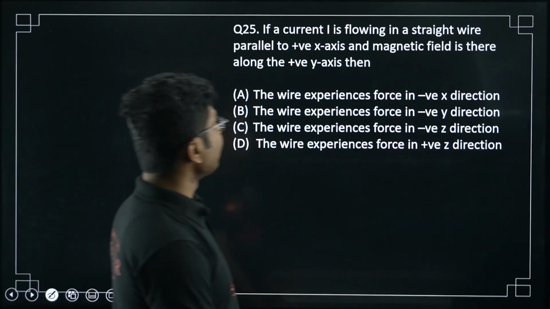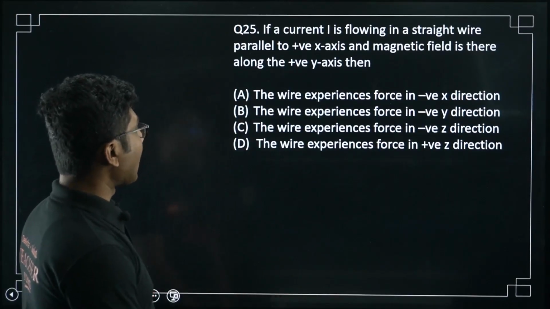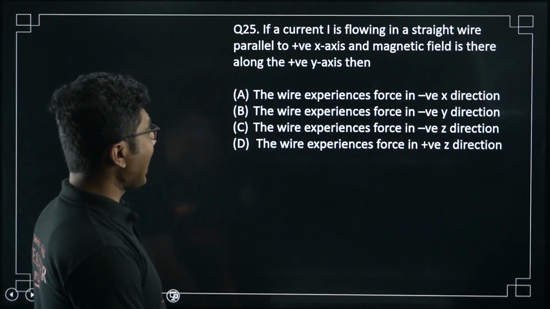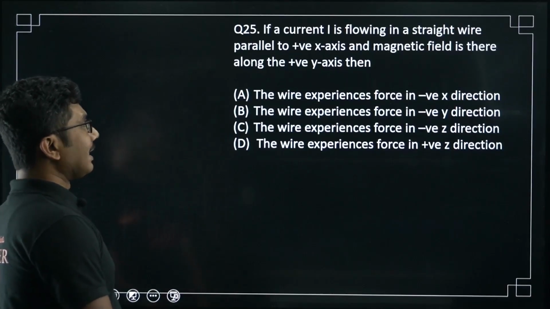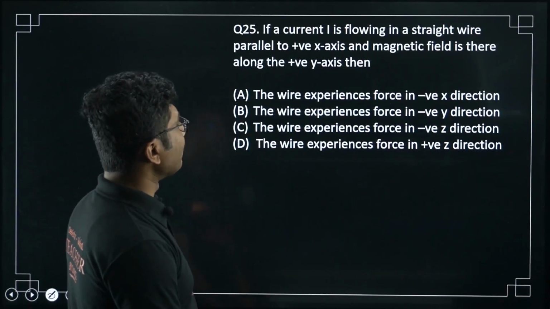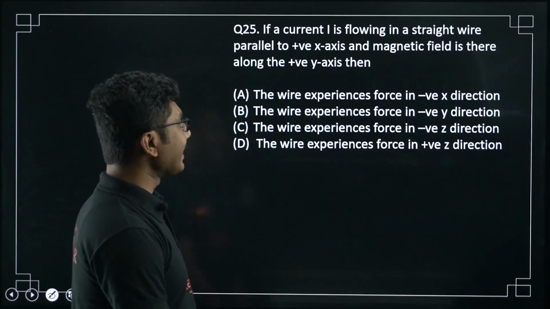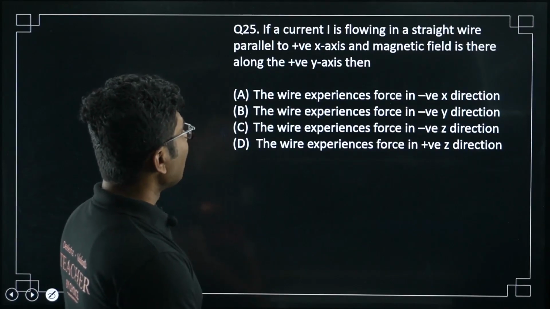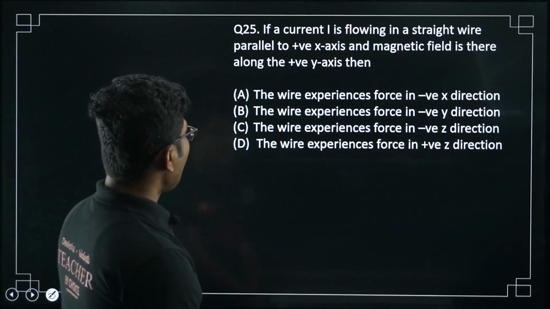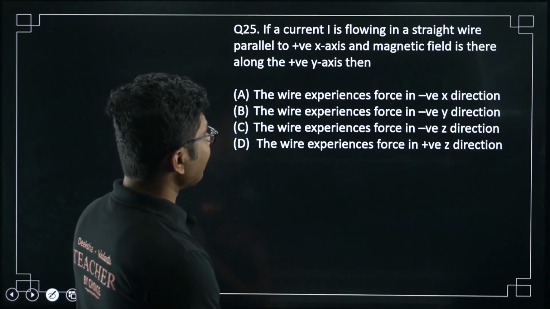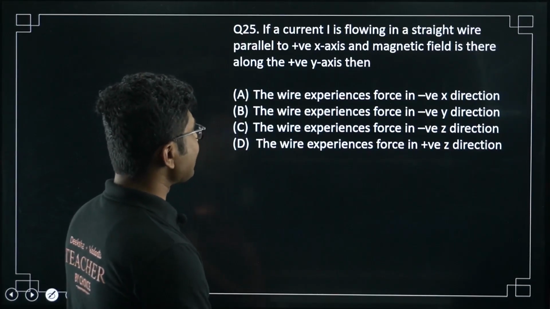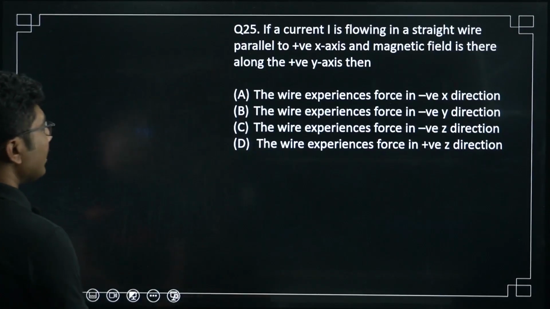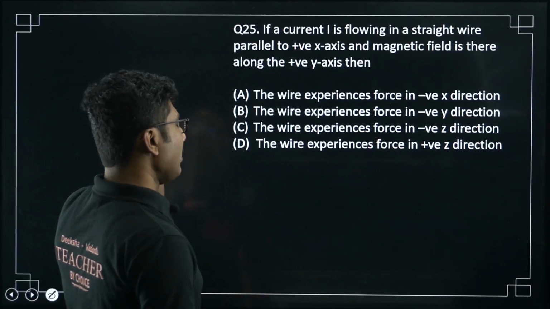If a current is flowing in a straight wire parallel to the positive x-axis and a magnetic field is there along the positive y-axis, then the wire experiences a force in the negative x direction, negative y direction, negative z direction, or positive z direction.